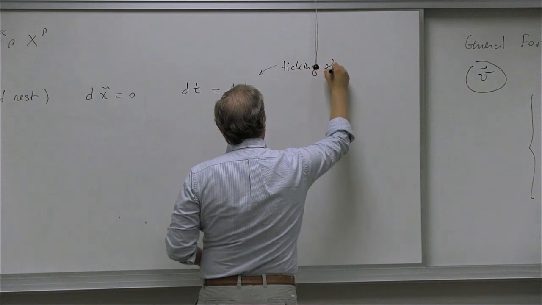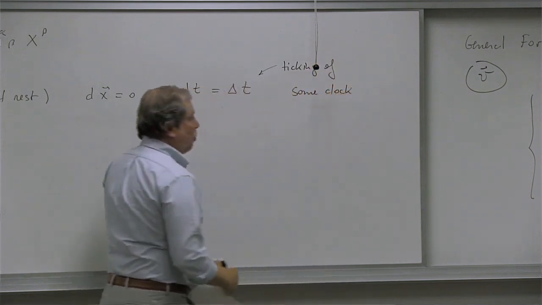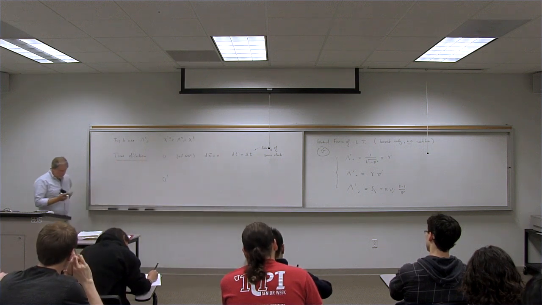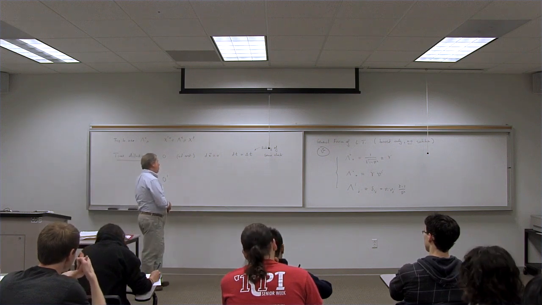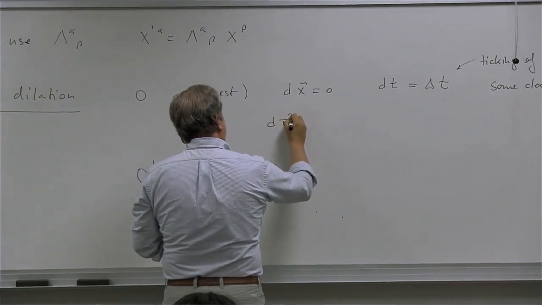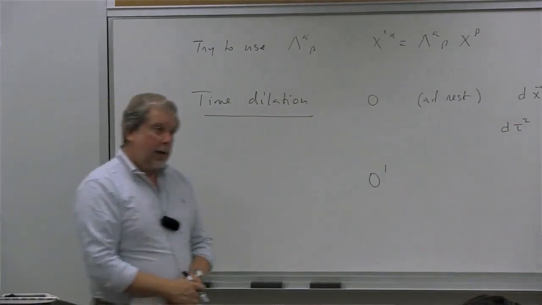So ticking of some clock. And what we want to do is compare the clock for one observer to the clock for the other observer. And we will find that the ticking does not proceed at the same rate in the two cases. Now, still, for the first observer, we can calculate this d tau squared. Why do we calculate d tau squared?